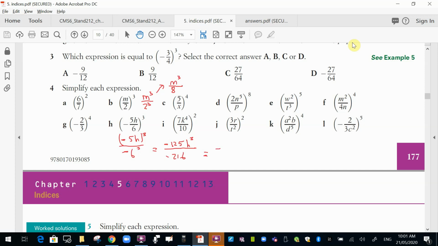So we'll keep that over, and it will be 6 cubed, which is 216. And just to check to see that there's no common factors to simplify, and I don't think there is. The textbook and the back of the book has it written this way. So there we are. That's question 4h.